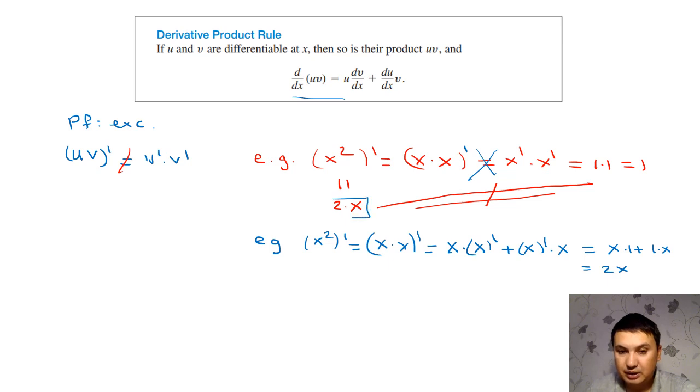So we checked the product rule for this polynomial case. Let's do one more example. Let's say that I want to take the derivative of x cubed times e to the x.